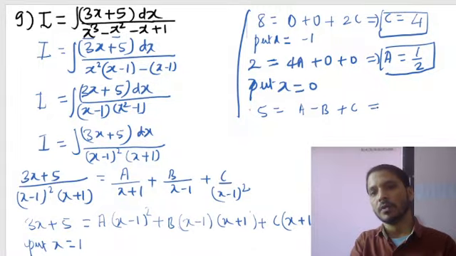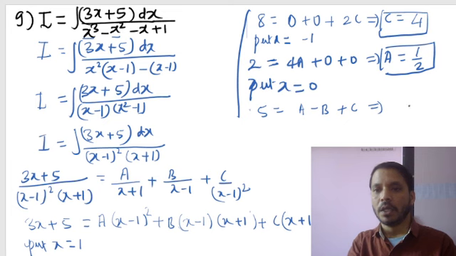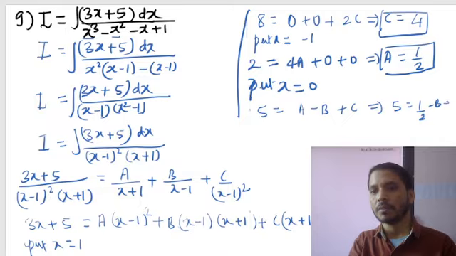Now we have to substitute the values of c and a. That means this will become 5 is equal to a, means 1 by 2, minus b as it is, and c means plus 4.